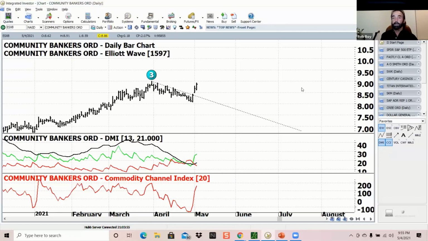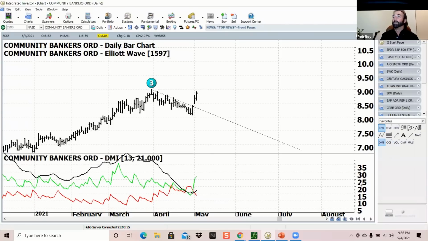Rick Santelli on CNBC talks about it all the time. You have to remember, banks borrow on the short end, and they lend on the longer term. So they make the difference in the spread, right? So the idea is that they're borrowing at a lower rate, shorter term, and lending on a longer term at a higher rate. That's one of the ways that they make money. And so if interest rates go up, usually the spread widens and it allows them to make more money.